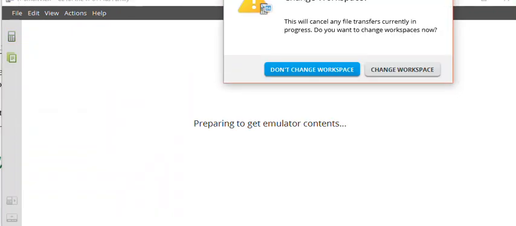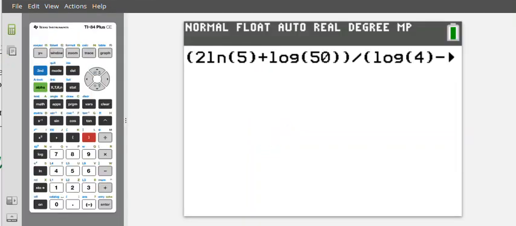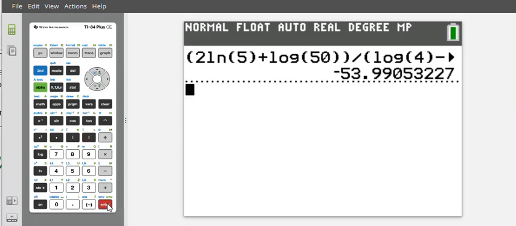I'm going to try to scroll through what I entered so you can see it again. I don't know if it's going to let me do that. All right, here we go. So you can see what I typed in. You've got to be really, really careful with the parentheses here. It's not letting me scroll, unfortunately, so hopefully you were watching the part of the video where I actually typed it in. So let's hit enter on this, and that's going to be the decimal expansion.